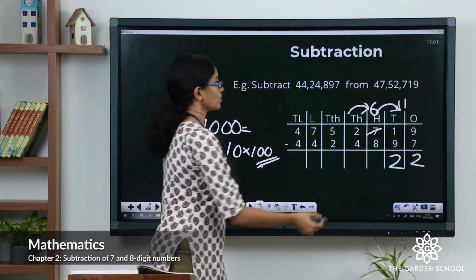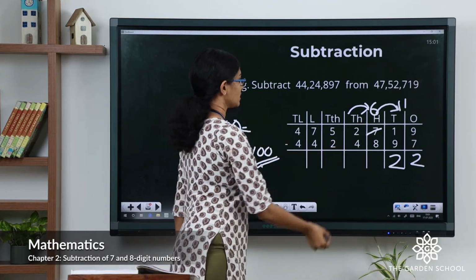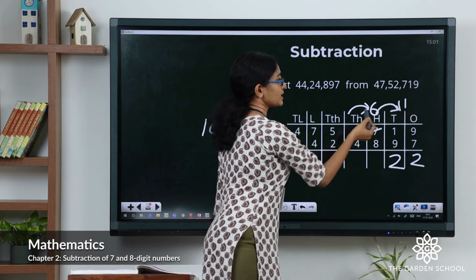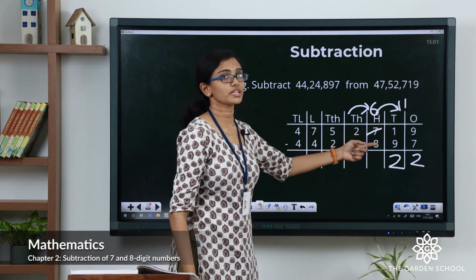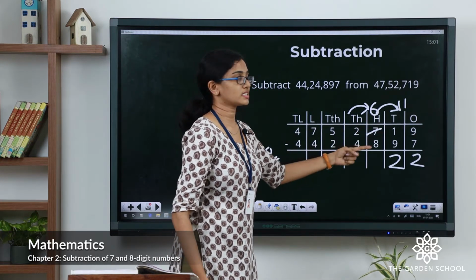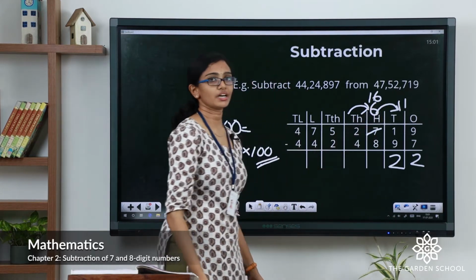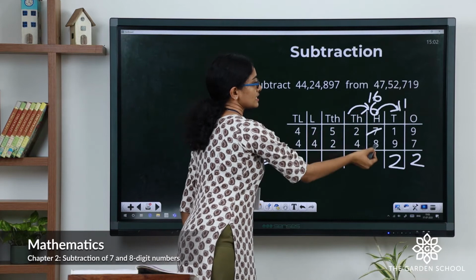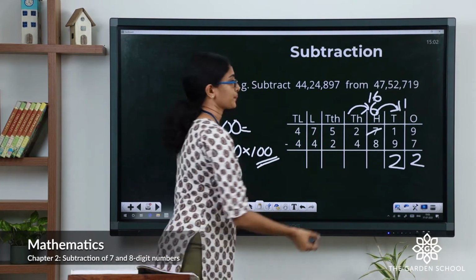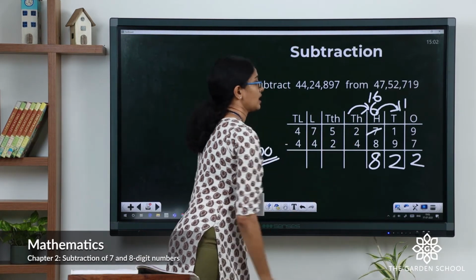Right? So, here you have 10 hundreds plus 6 hundreds. So, what is 10 plus 6? It is 16. So, this hundreds place becomes 16 hundreds. So, 16 minus 8, it is 8 hundreds.